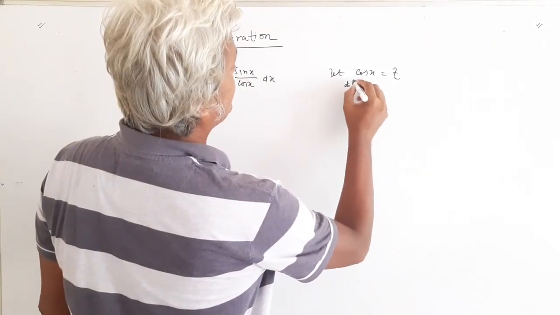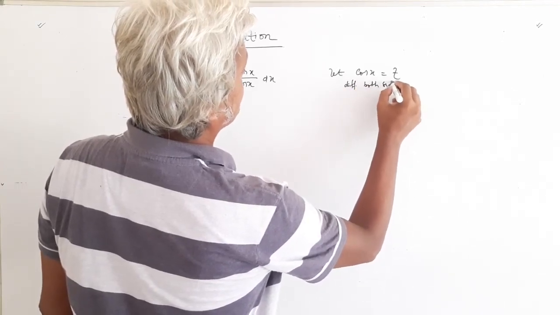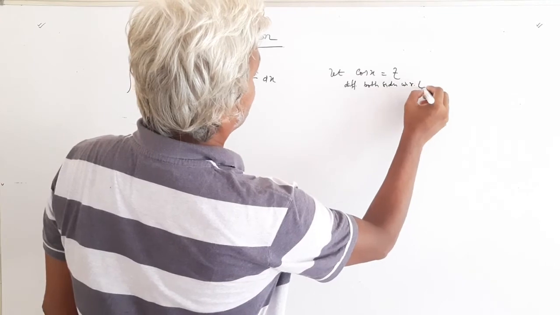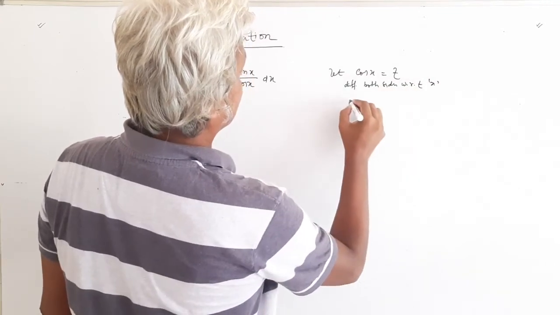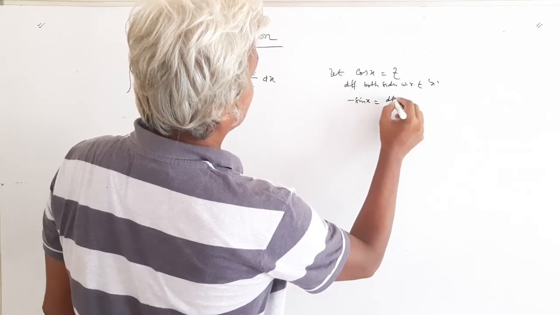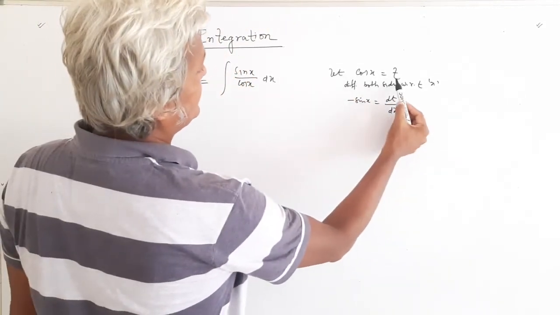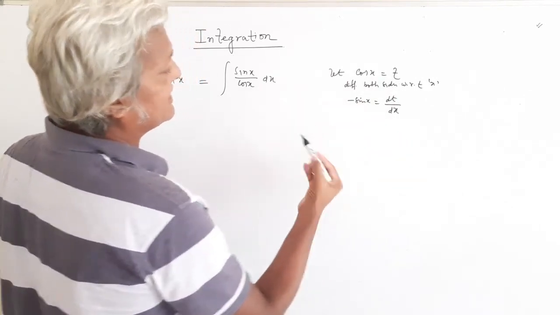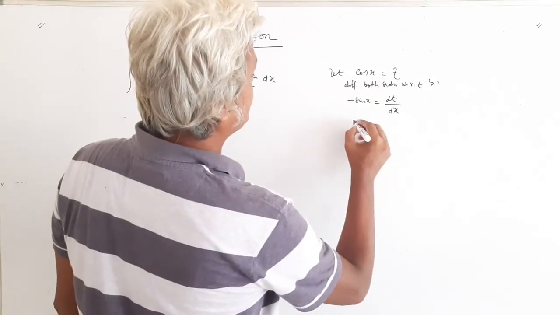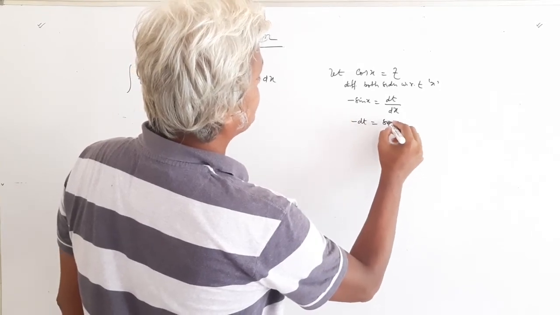So differentiating both sides with respect to x, this becomes minus sin x is dt by dx, because you are differentiating t with respect to x, so we write dt by dx. Now you cross multiply, so you find minus dt is sin x dx.